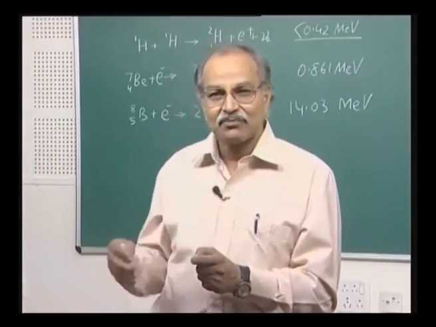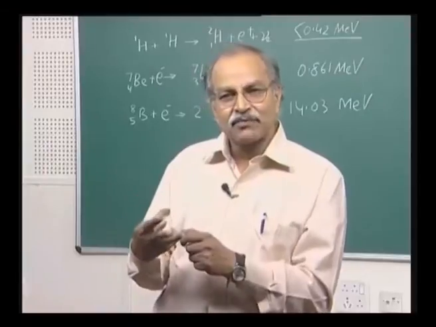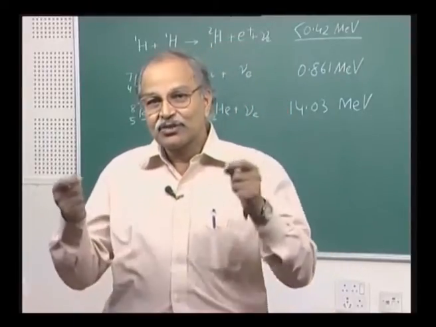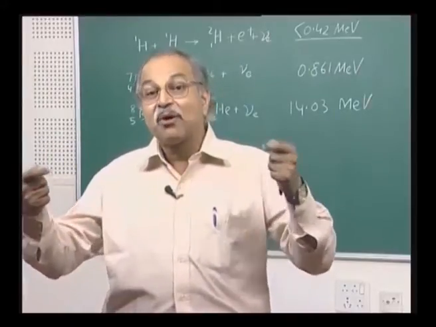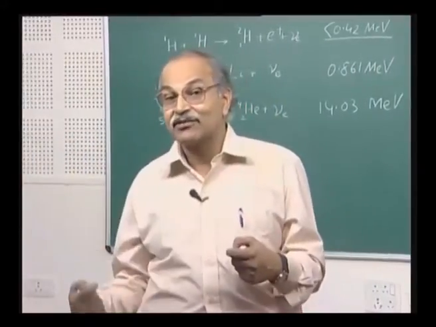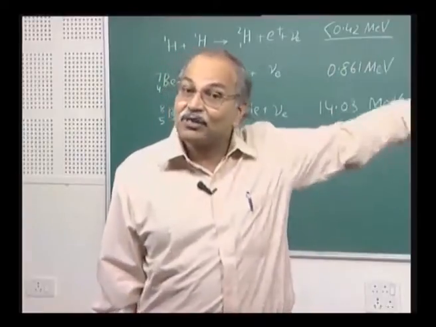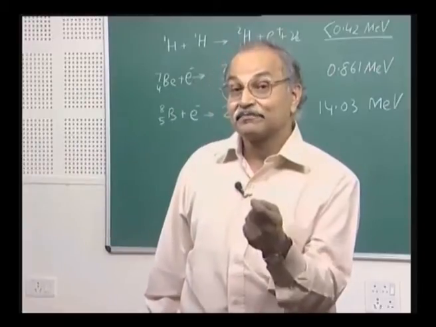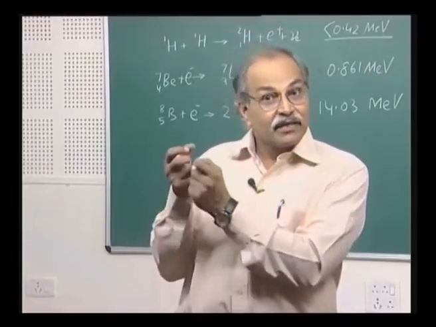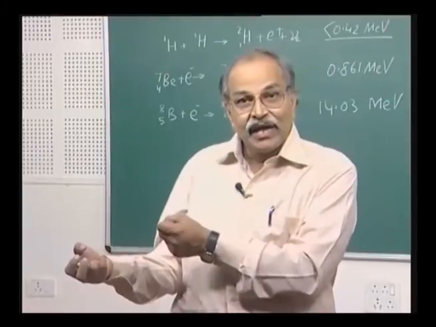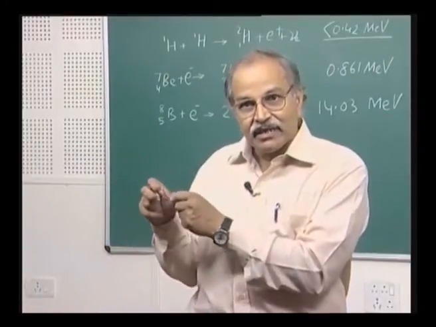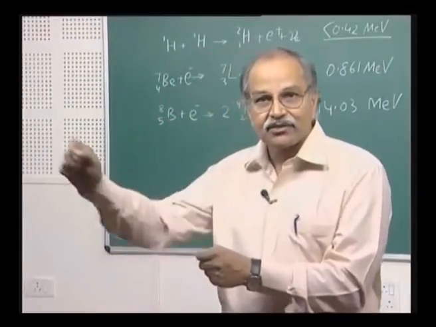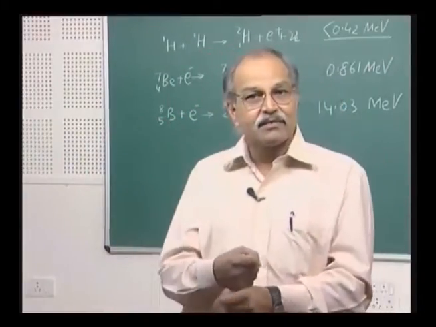I have not talked much about that, but you know 3 kinds of leptons are there, electron, muon and tau, and associated with each we have corresponding types of neutrinos and antineutrinos.